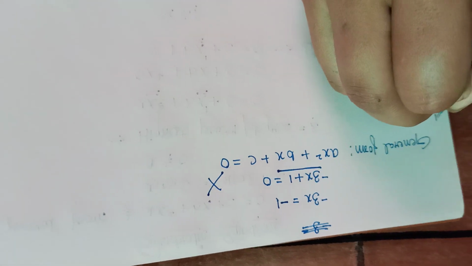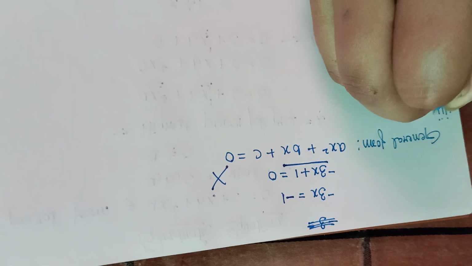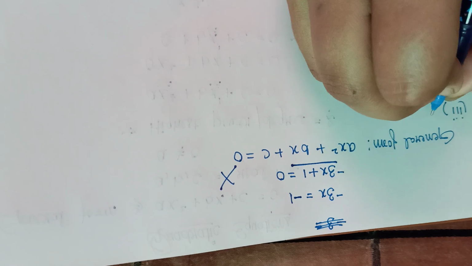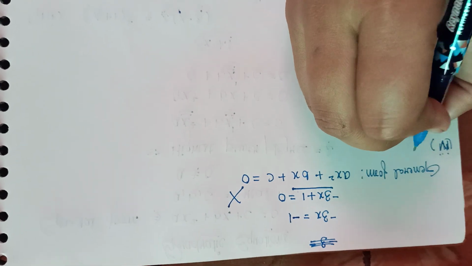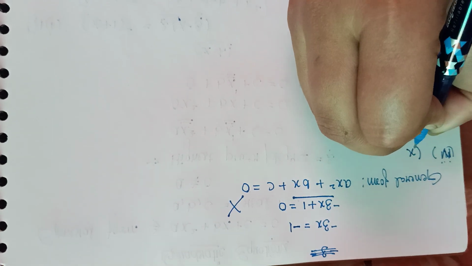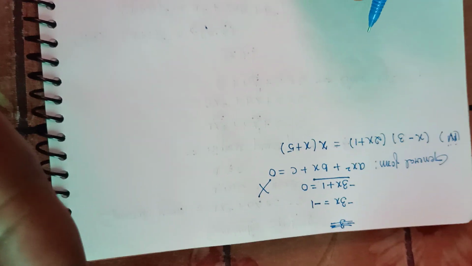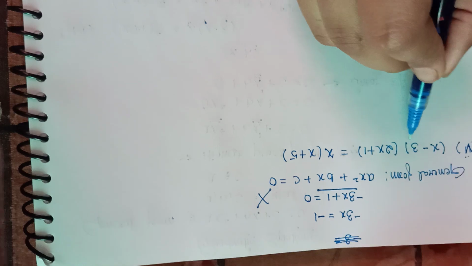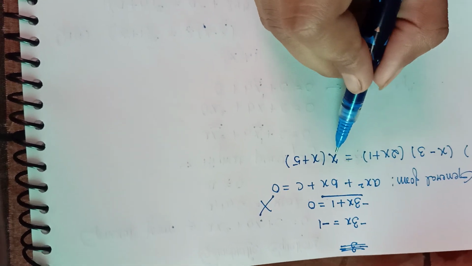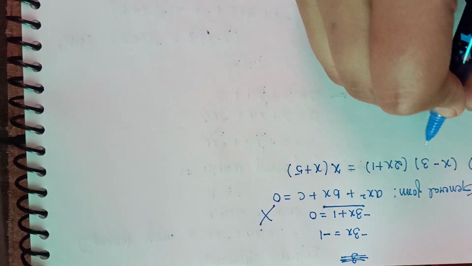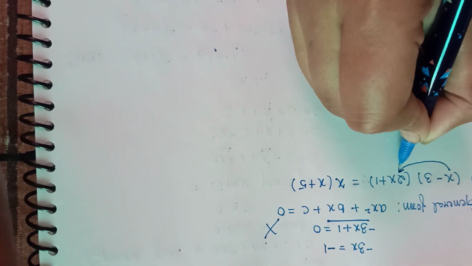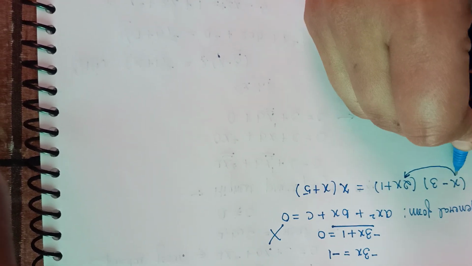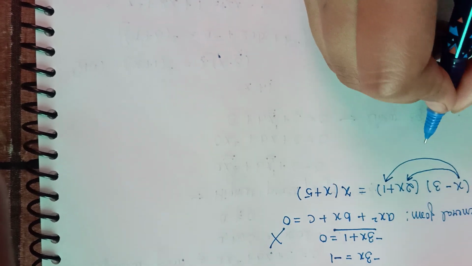Now we are moving towards the fourth part. So our fourth one is x minus 3 into 2x plus 1 equals to x square plus 5x. So simply we are going to do the same. We have to multiply x with 2x first and then we have to multiply it with 1.